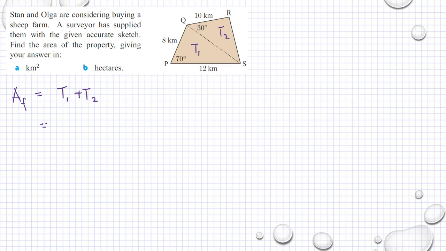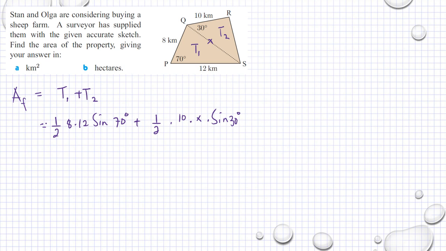So if we have triangle 1, that is 1/2 times 8 times 12 sine the included 70 degrees plus 1/2 multiplied by 10 multiplied by, we don't know, that's x, we call it x, times sine 30 degrees. Let's find x first. How do we find x?